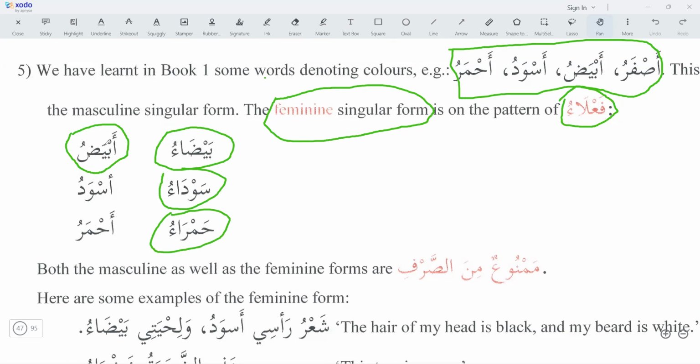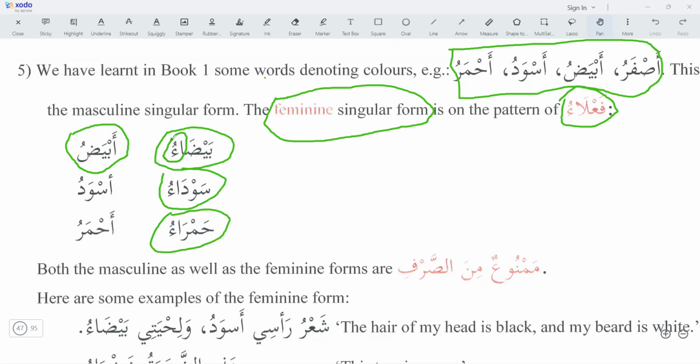So what are we doing here? The first letter, the hamza, we omit. Then the ba takes fatha, the second letter is sukoon, and the last letter we give fatha. After that we add hamza and alif.